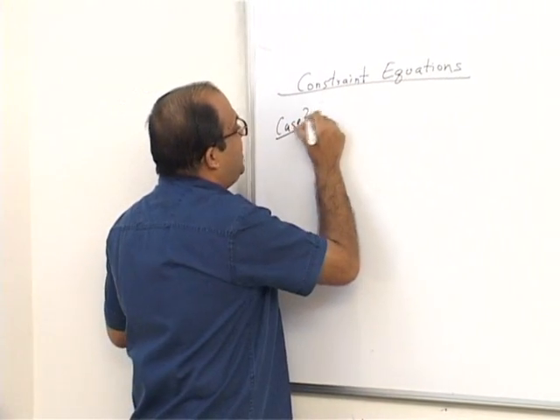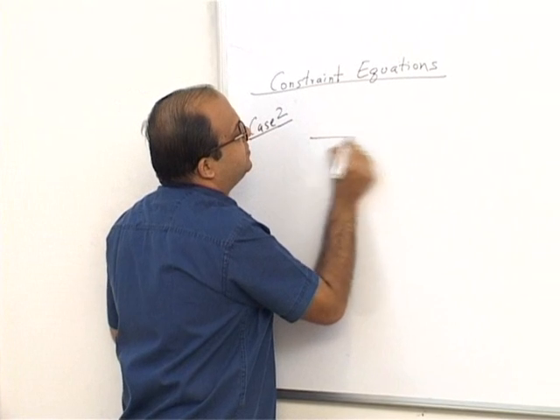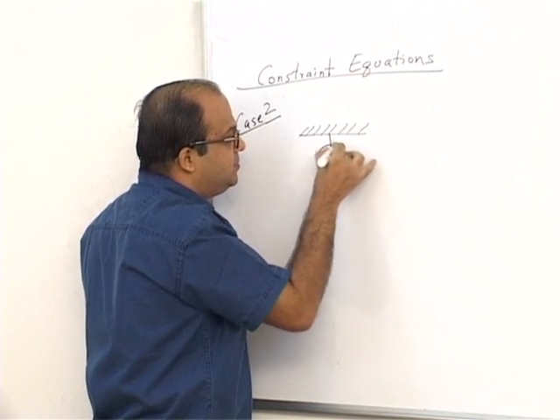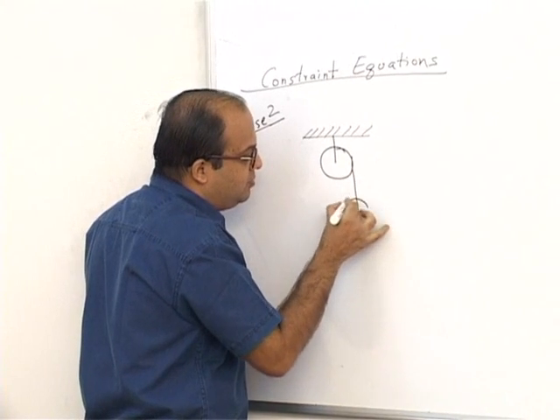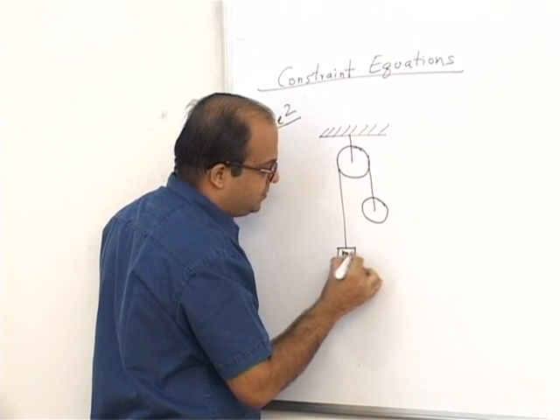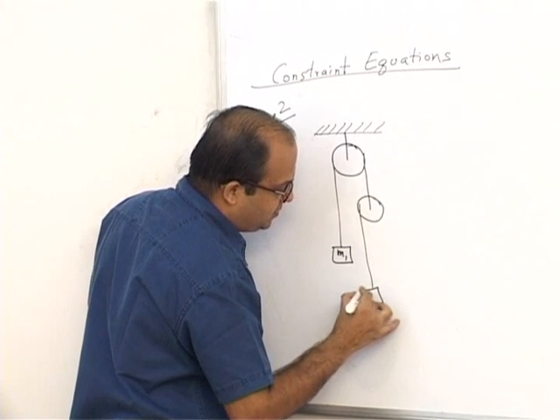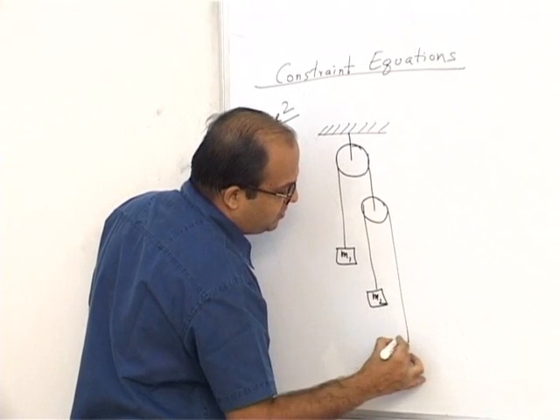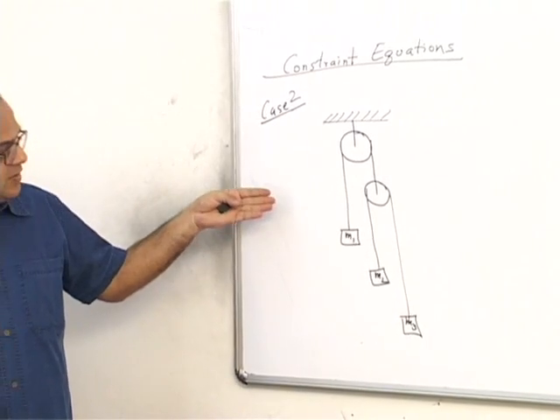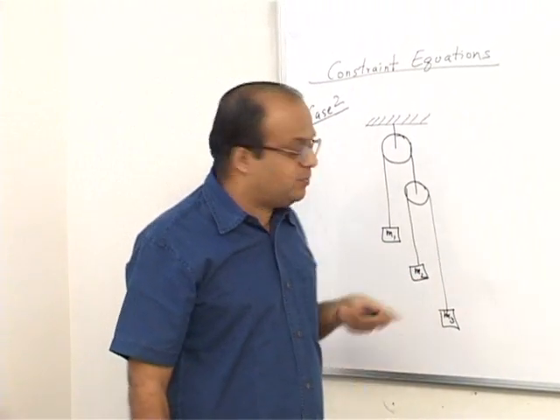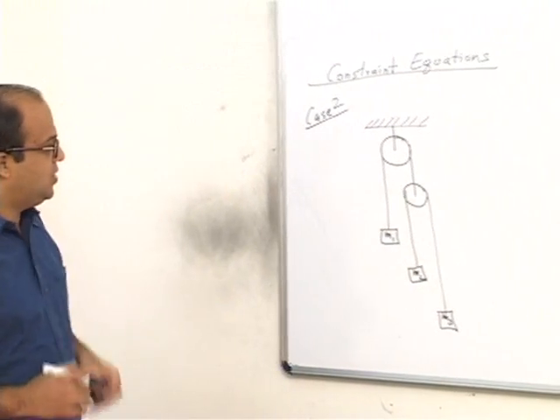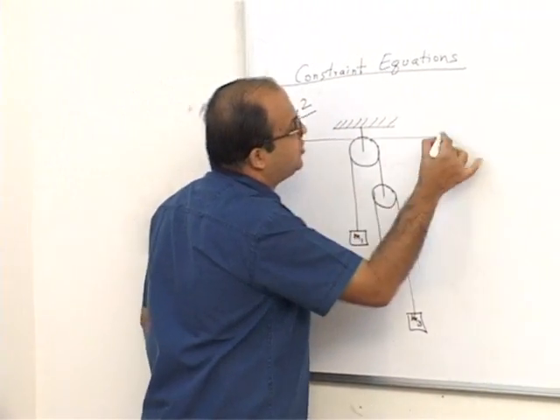Now let us consider a slightly more complicated case. So I got one pulley here, and there is another pulley here which is movable. Mass M1 is here, mass M2 is here, mass M3 is here. We have to find the relationship between acceleration of M1, acceleration of M2 and acceleration of M3. So first we draw a reference line at the topmost pulley.